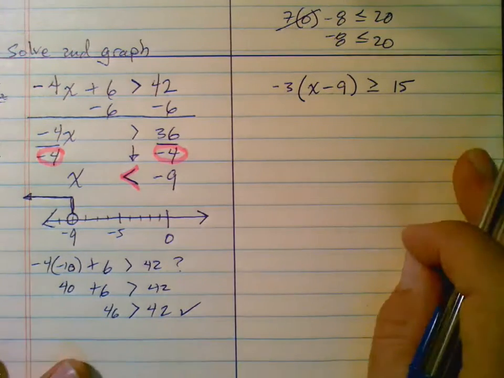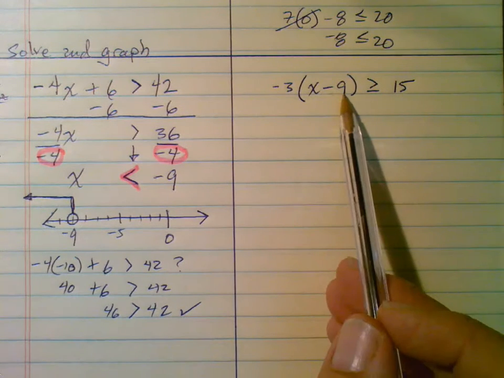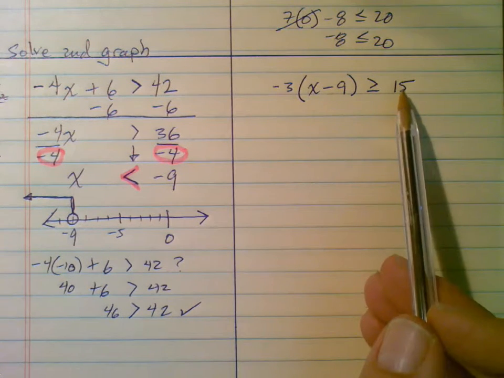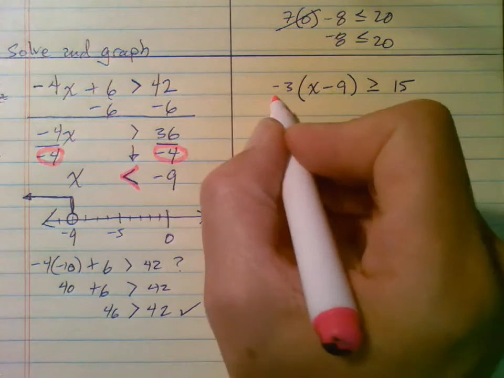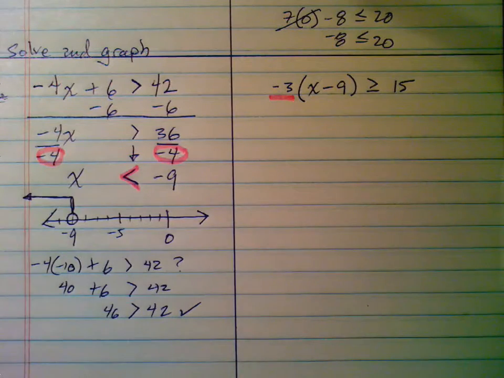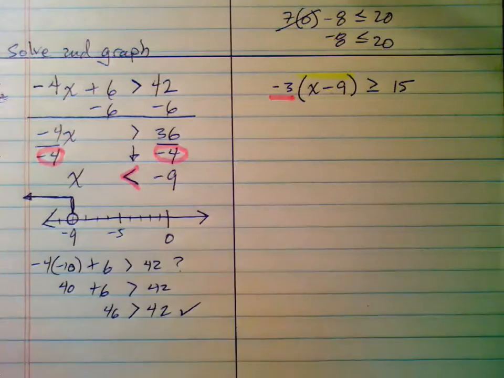Let's try one more. Here's negative 3 times the quantity x minus 9 is greater than or equal to 15. Now, what I want to realize here is I have two factors. This is a factor, negative 3, and so is all of this, x minus 9. That's a factor.